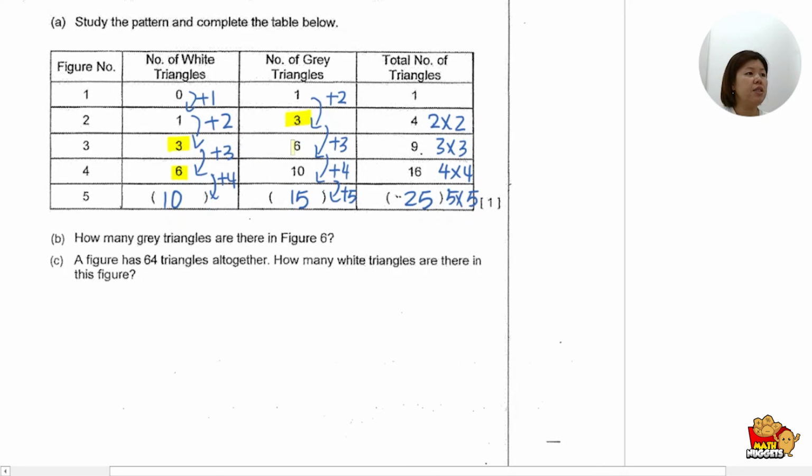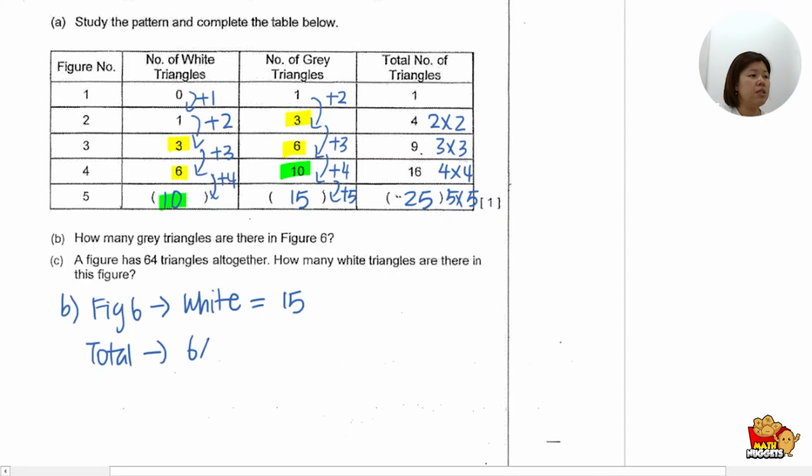So this is 6 and 6, and this is 10 and 10. So for figure 6, I can find my white first. My white is actually equals to 15 of the gray, and it's figure 6, so total is 6 times 6 equals 36. So 36 minus 15, I will get 21.